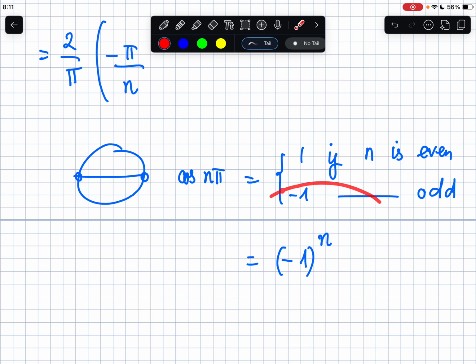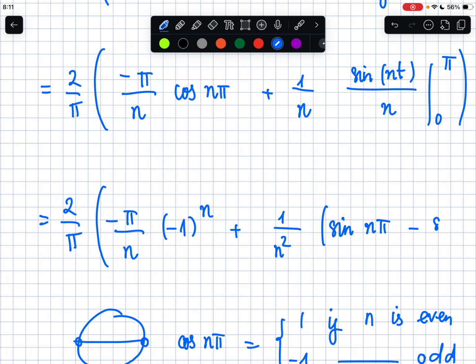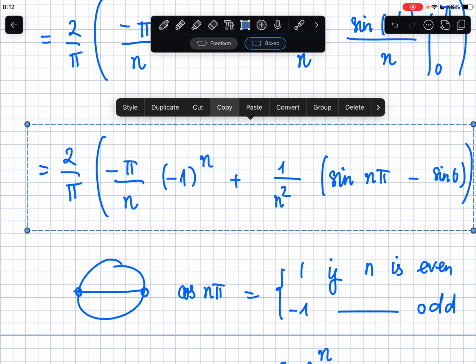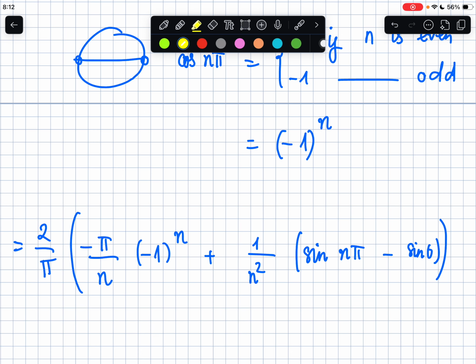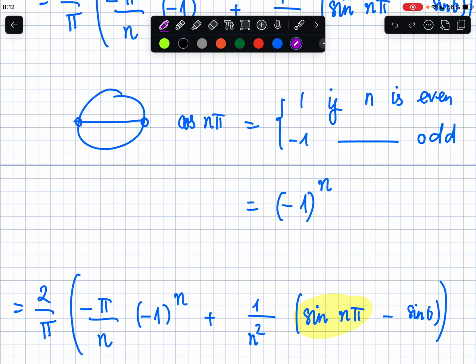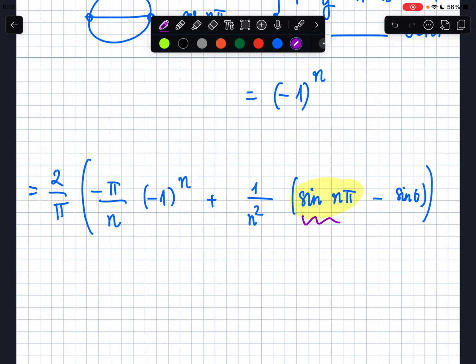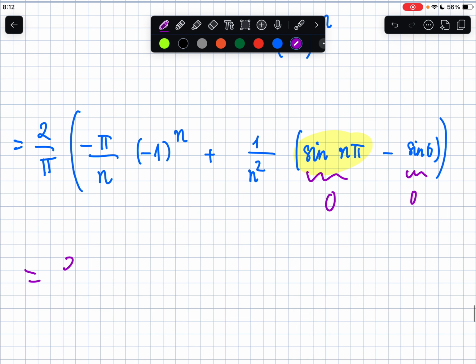If n is odd, this is minus 1. So you can write it as minus 1 to the power n. The second term is 1 over n squared times sine(n pi) minus sine 0. Now for this one, we need to look at sine(n pi). Sine(n pi) equal to 0, so this term is always 0. Sine 0 is 0.